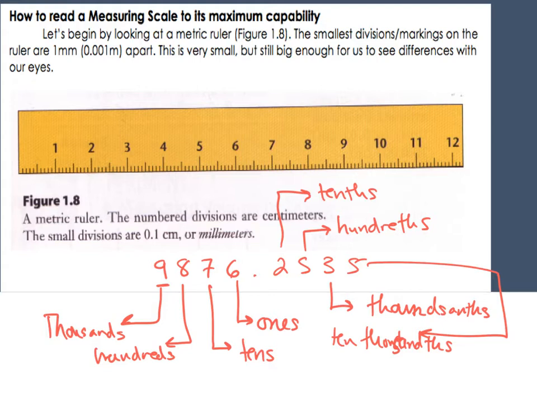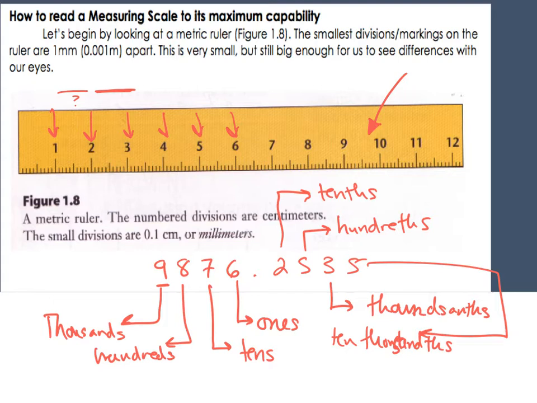Before I even start to take a measurement, I look at my tool. And what I want to see is, on my tool, what are the units that we can measure down to? If I look on this tool, I see that there are big lines here that are separated, and those go up 1, 2, 3, 4, 5, 6, 7, 8, 9, 10, 11, 12. So that tells me that in the measurement I'm using with this ruler, I'm going to have at least something in the ones spot.